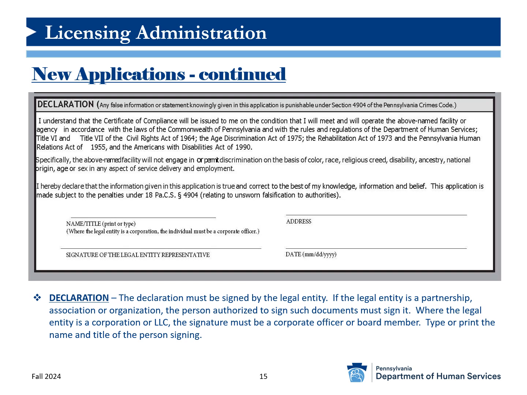Where the legal entity is a corporation or LLC, the signature must be a corporate officer or board member. You type or print the name and title of the person signing and then sign it. Electronic signatures are accepted.